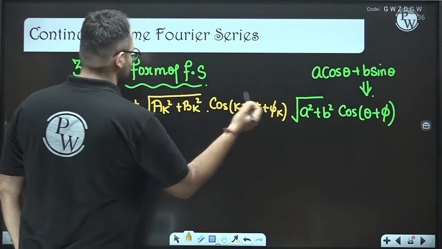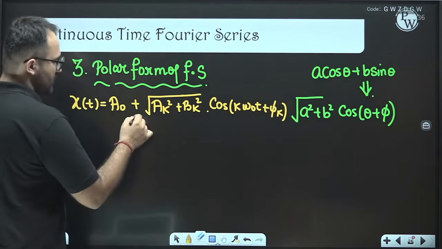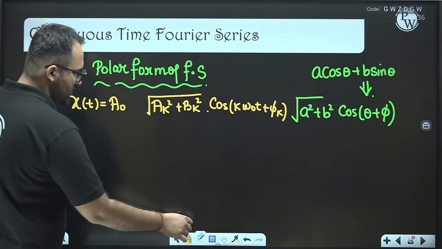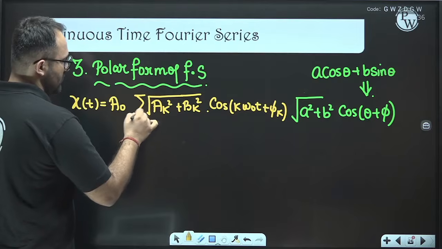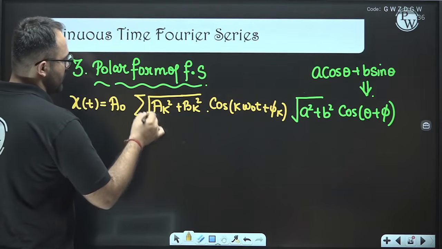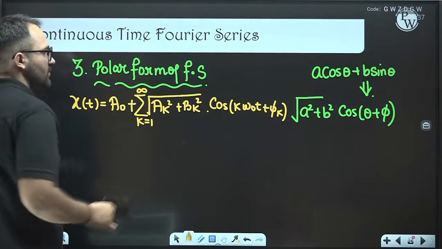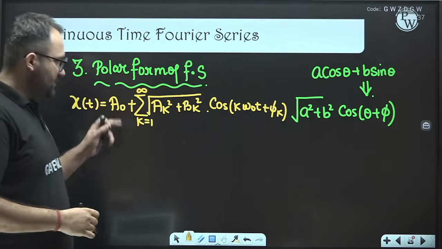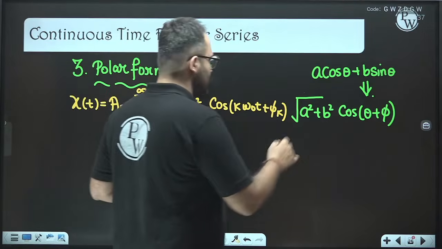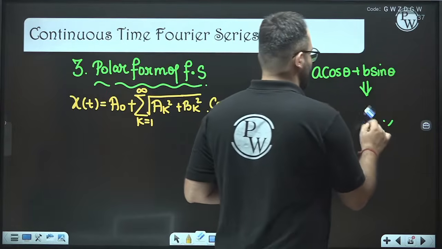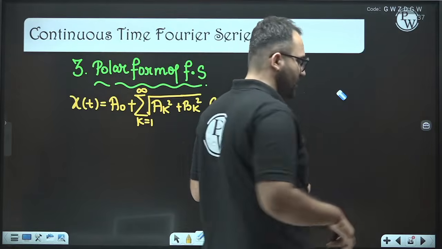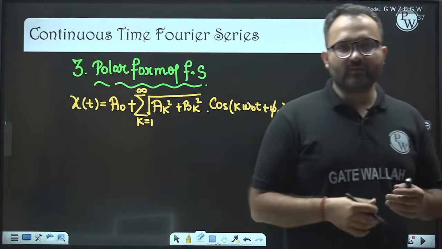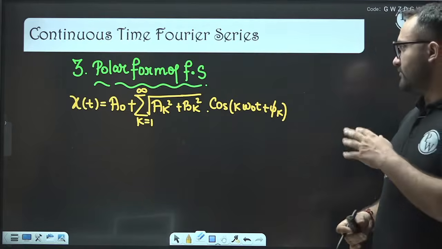Now phi k is not important in any sense. Okay. So why this representation is very important, I'll tell you. We can convert a sin theta plus b cos theta very easily into this form. This is the polar form.